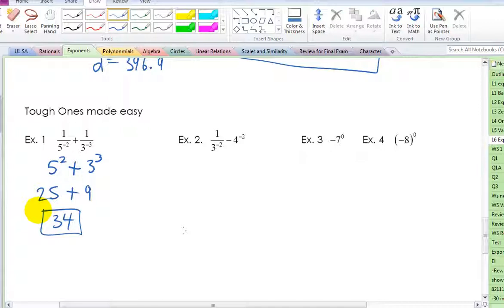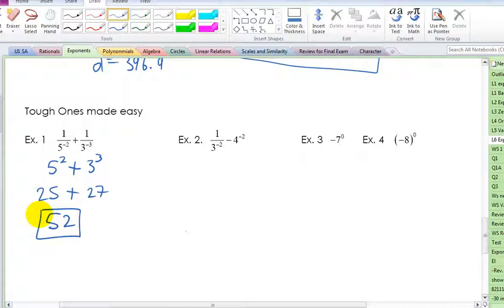Yep. 3 cubed is not 9. Thank you. Good job. I did that too. Thanks, Nelson. 52. Awesome. We got it right last class, honestly.